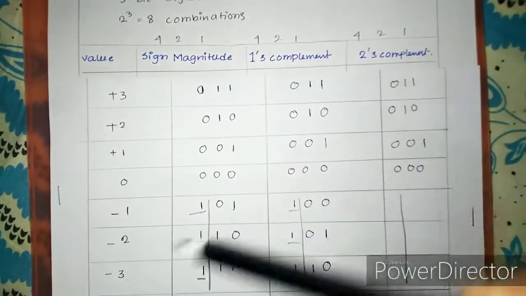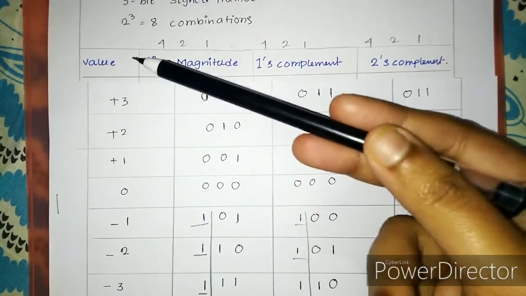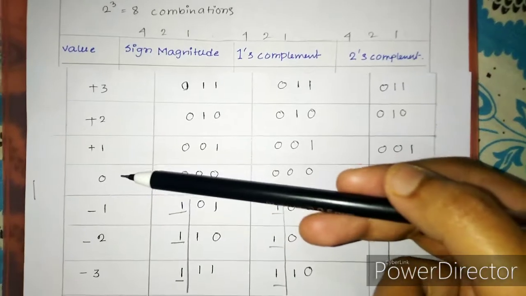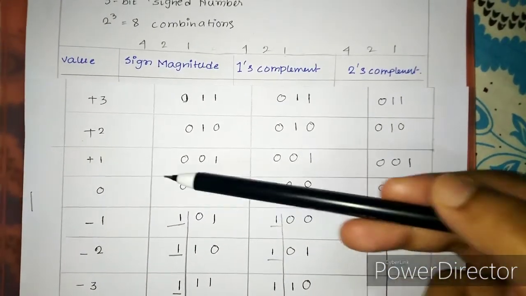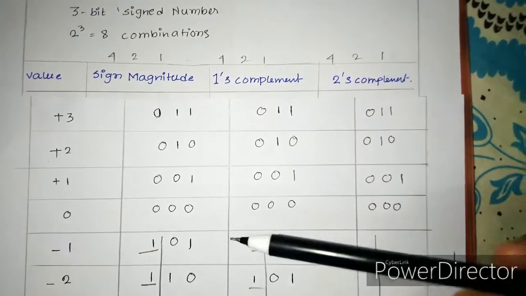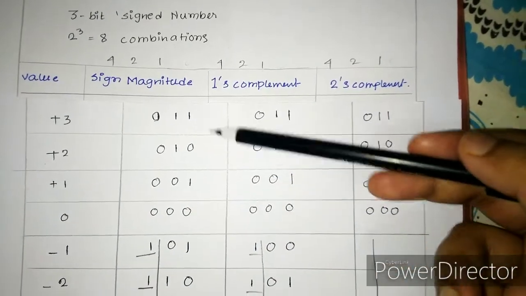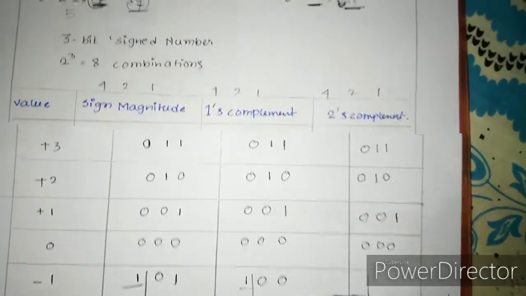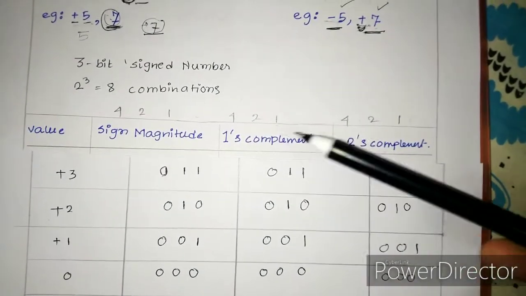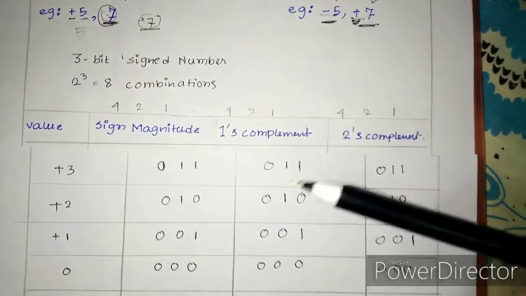So 8: 0 to 3, then minus 1, minus 2, and minus 3. 0 is considered in the series of the positive numbers here. So I have written 0 to plus 3 here, and now we will see how we can represent the negative numbers. The positive numbers are written as they are.